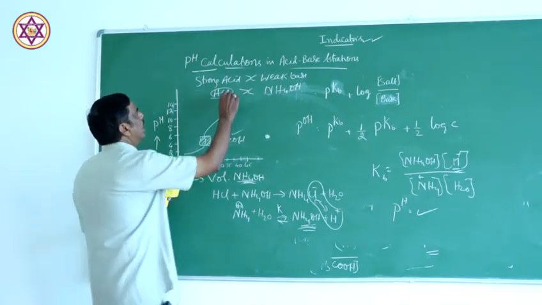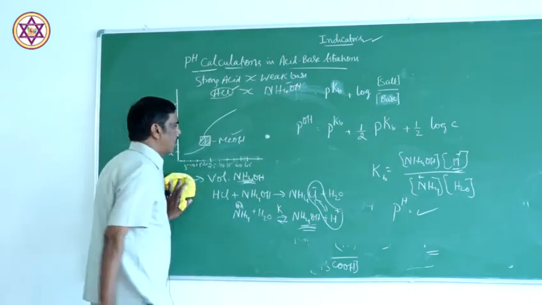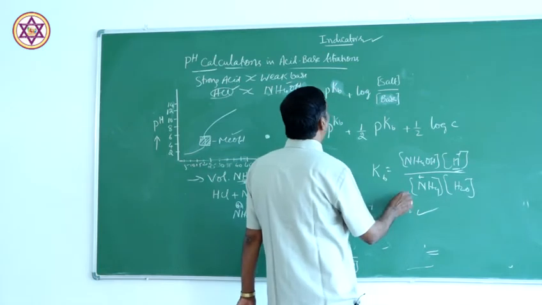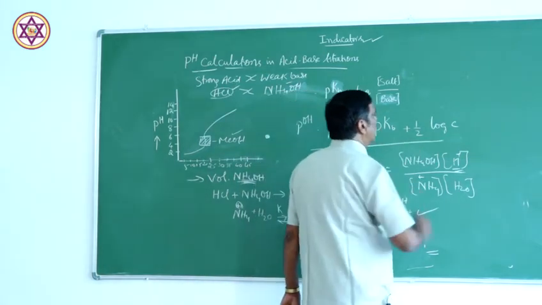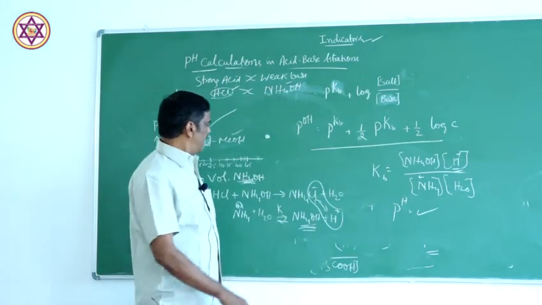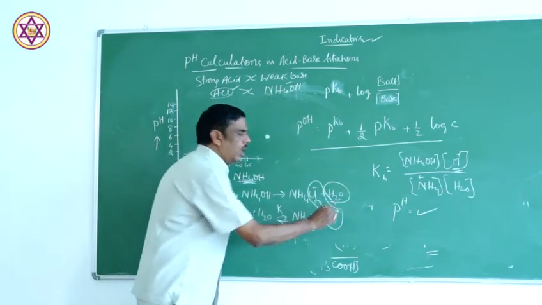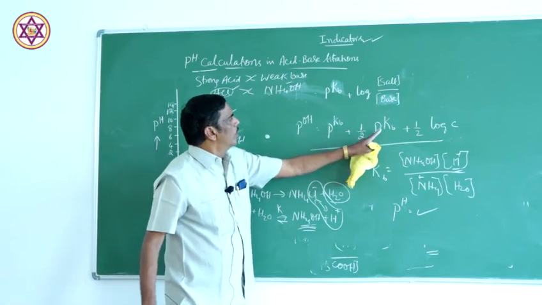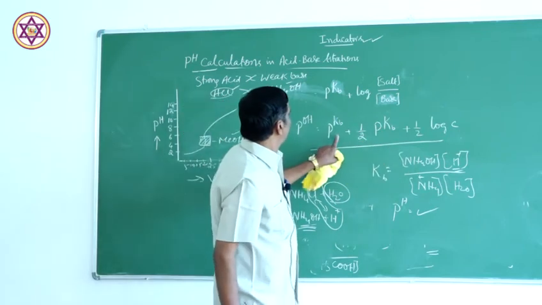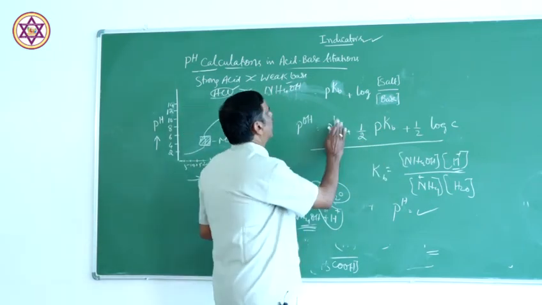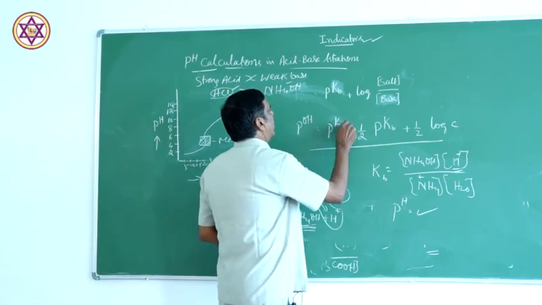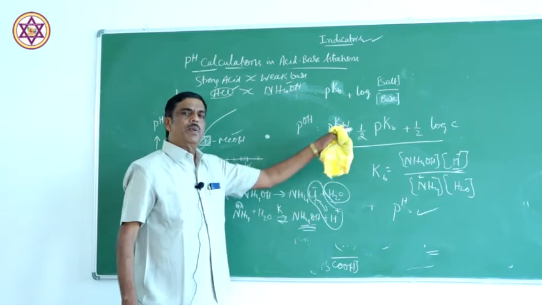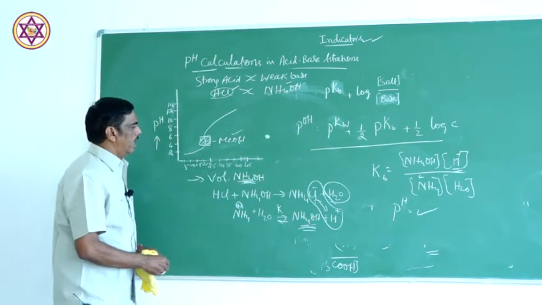And pOH can also be determined by considering the dissociation of water. Therefore, pKw is also taken into consideration. So pOH and pH can be calculated.